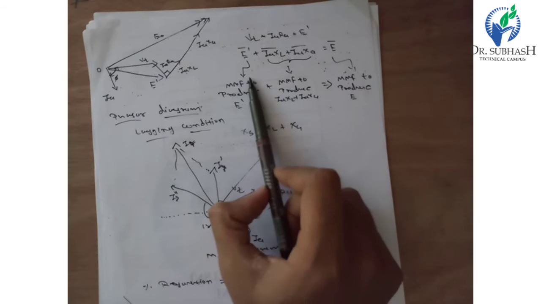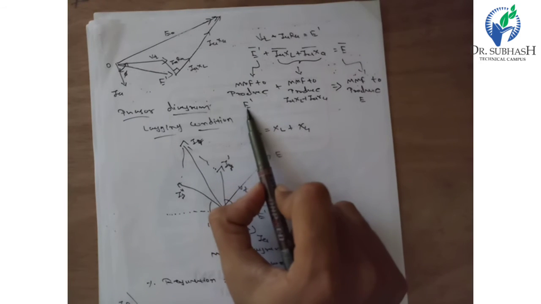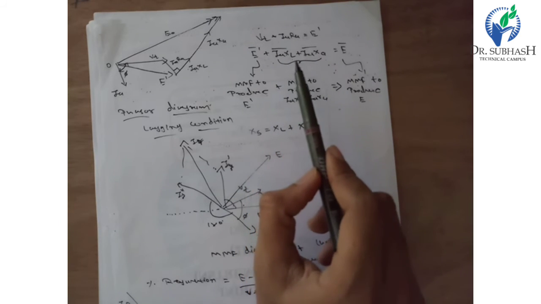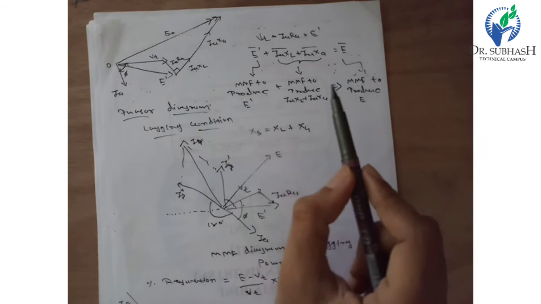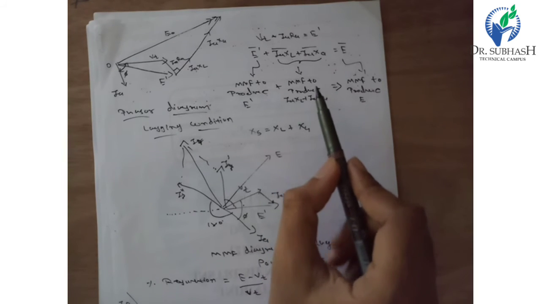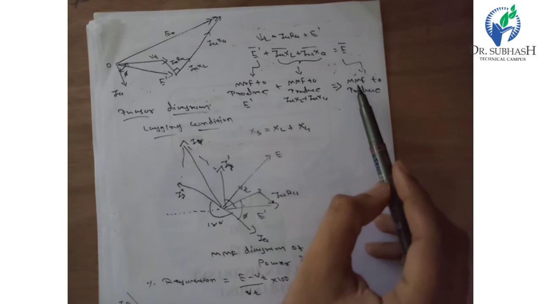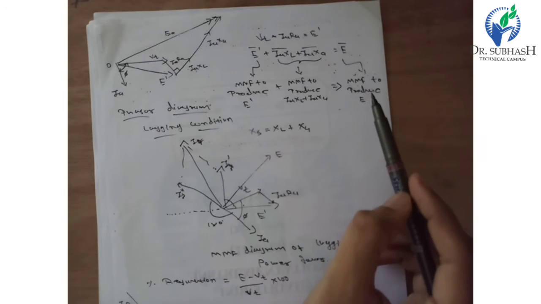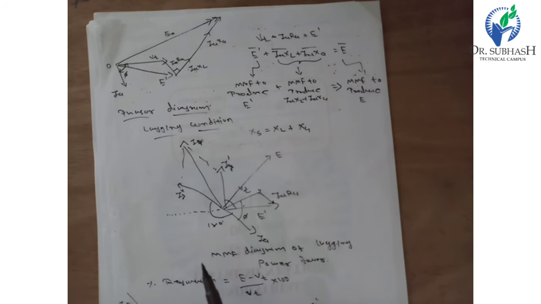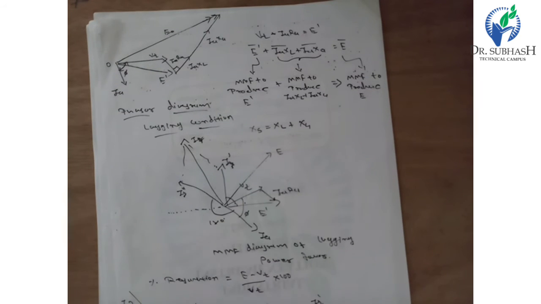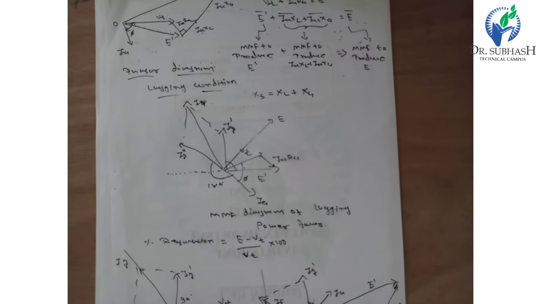So E dash represents the MMF to produce the EMF value. This armature current Ia into Ra represents the MMF to produce the inductive drop and terminal voltage. And the total EMF E represents the MMF to produce E. This phasor diagram is represented as the MMF diagram for the lagging power factor, and all these unity, leading and lagging power factors are totally explained by using this connection.